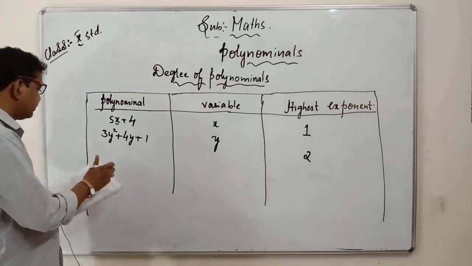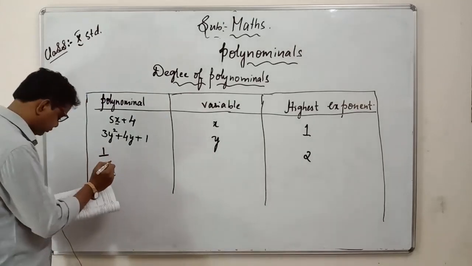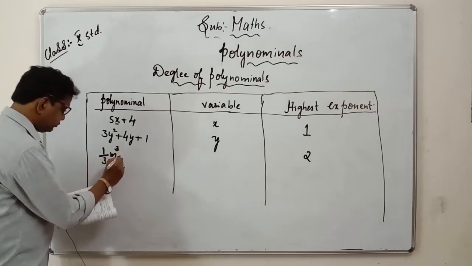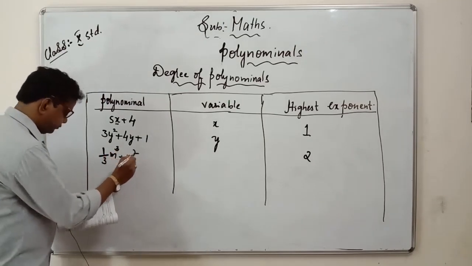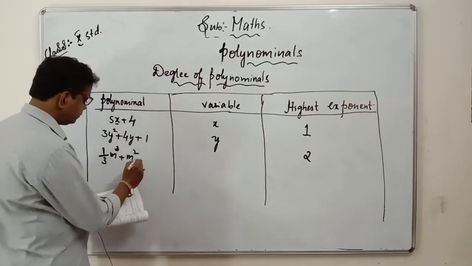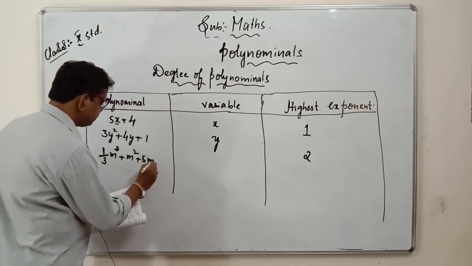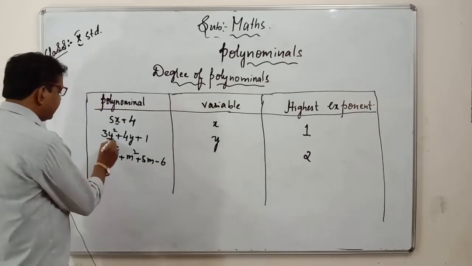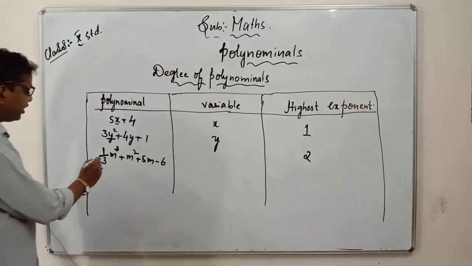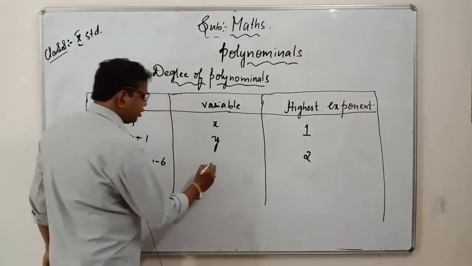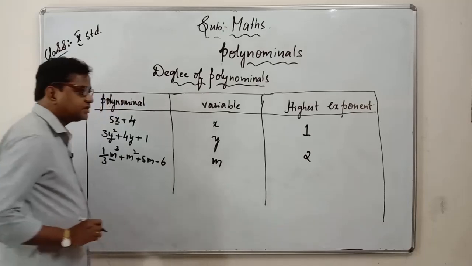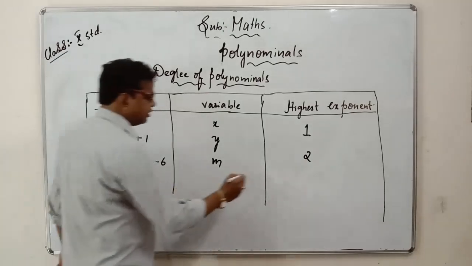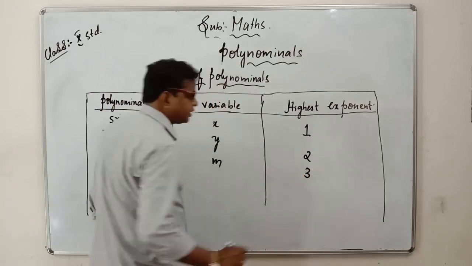Let us see another one. Which is the variable here? We can see the variable y earlier, and here we have the variable m. So m is the variable, and which is the highest exponent here? Here it was 1, it was 2, and it is 3. The highest exponent is 3 here.